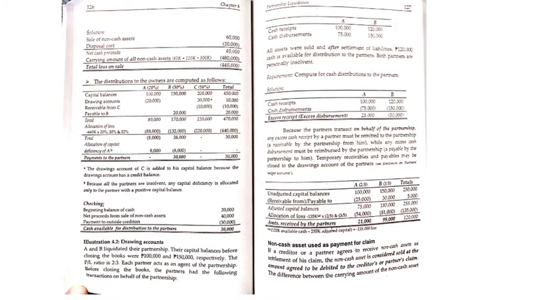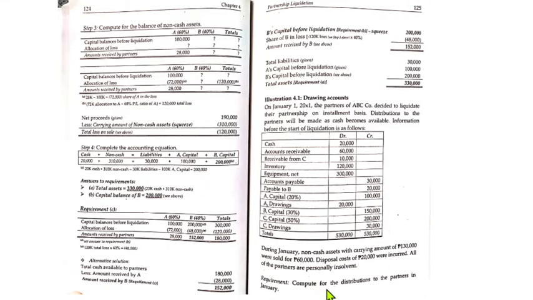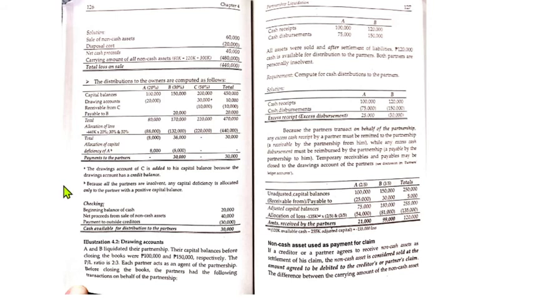So let us look back at the information regarding the solvency of the partner. Sabi dito, all of the partners are personally insolvent. So when it is said that all the partners are personally insolvent, ibig sabihin, kung mangyaring mag-negative ang kanilang capital balances, there is no capacity for the partners to bring in additional contribution.